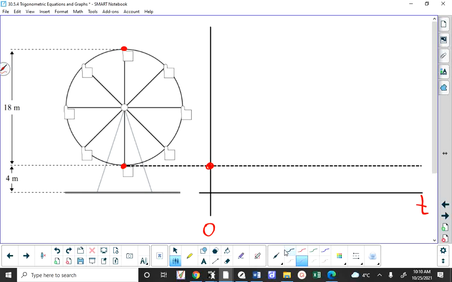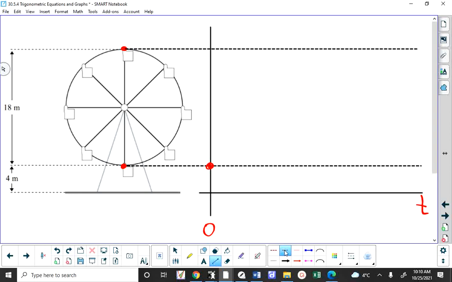Which means, and this is obvious, leave it to math people to overanalyze stuff, when they get to the top, that's as high as they will go. Right? And that means that when they're at the top, they will be at their maximum height. So what we're building here is a minimum and a maximum boundary for this function. And when they get back to the bottom, they will be back at their minimum height.